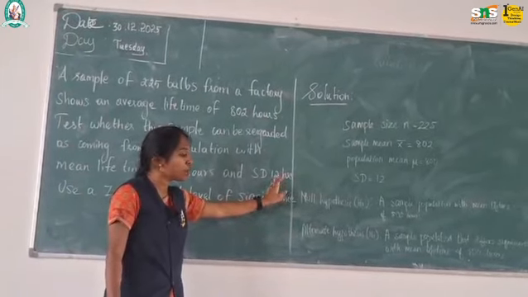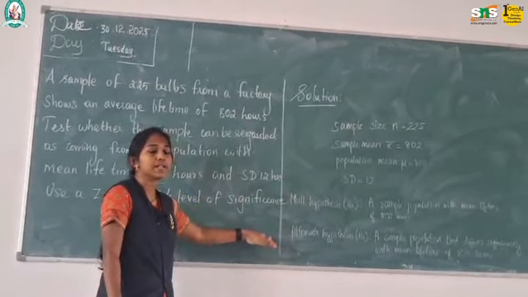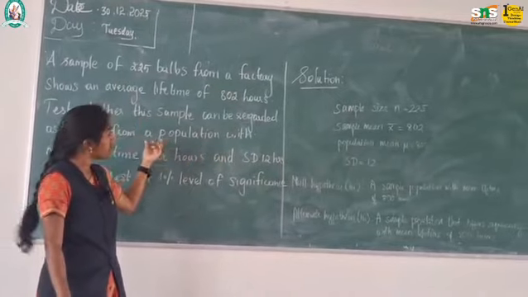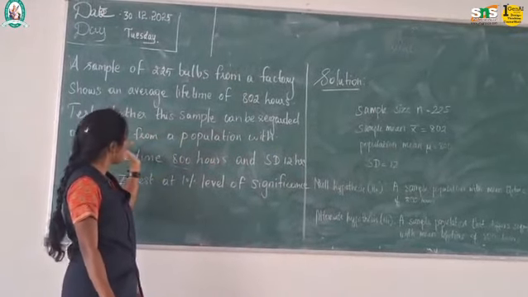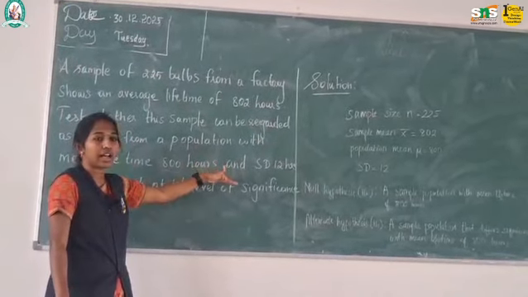Next we are going to define the null hypothesis as well as the alternative hypothesis. The null hypothesis is the statement which is given in the question, the 800 hours. So that is the null hypothesis.